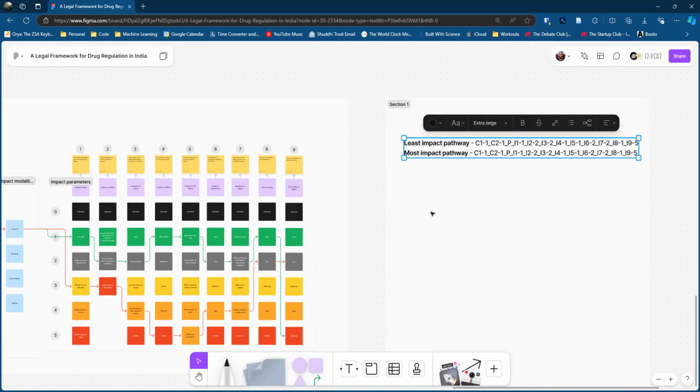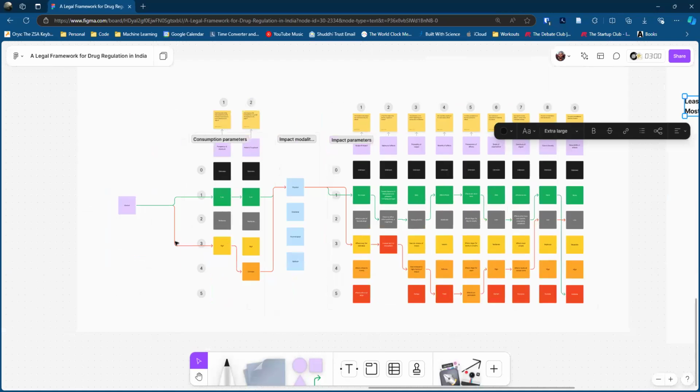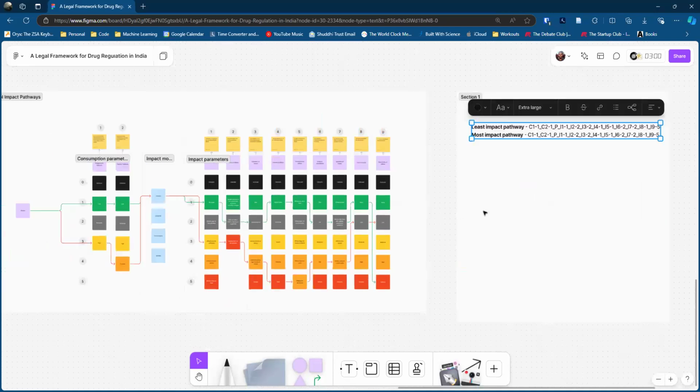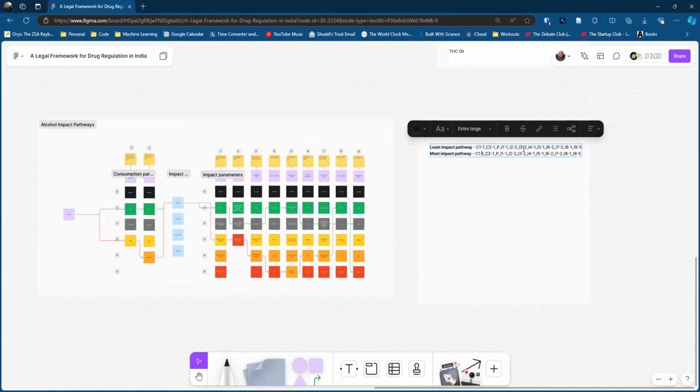Most impact pathways. So you have C1 is 3.